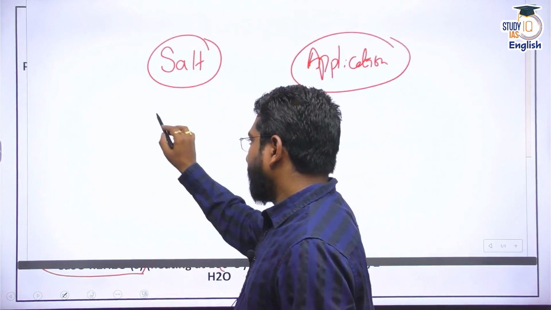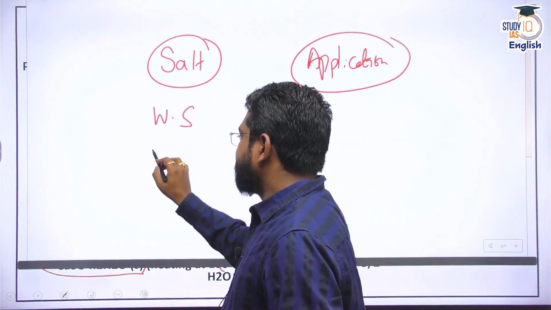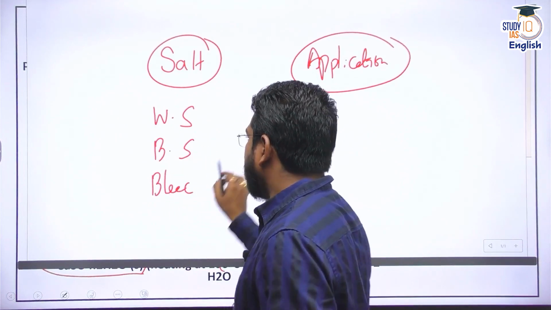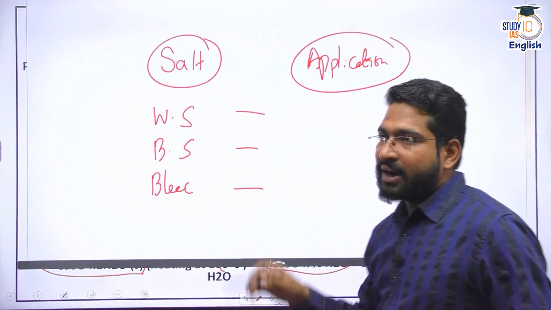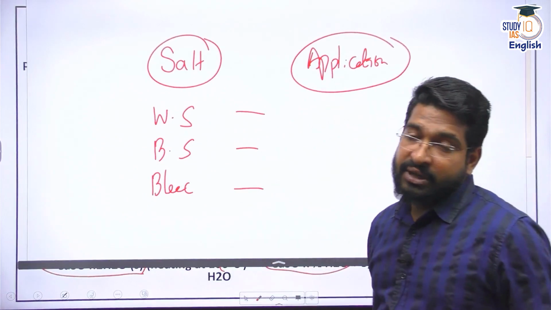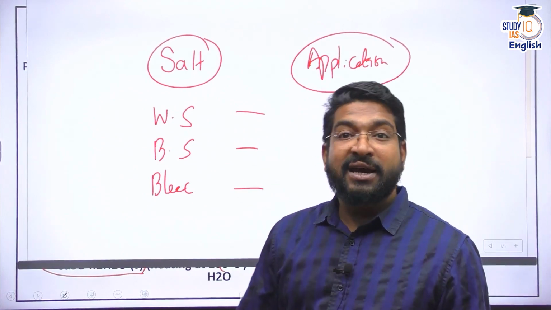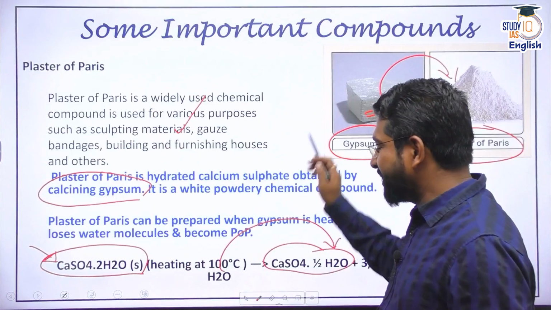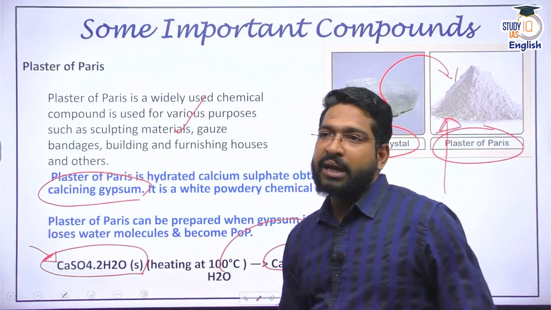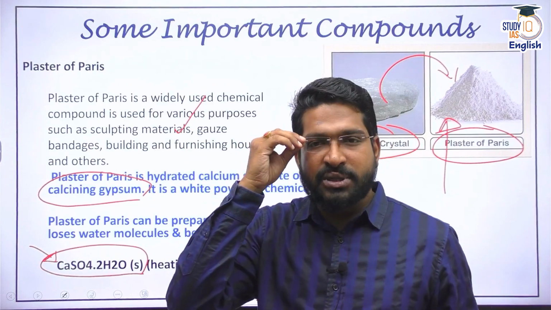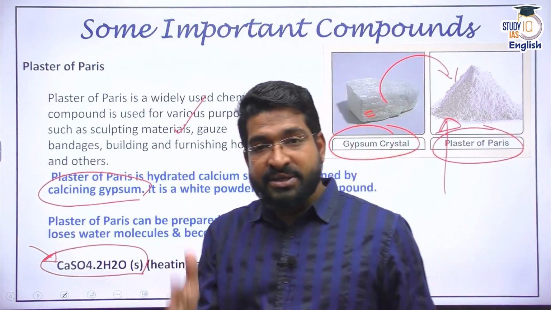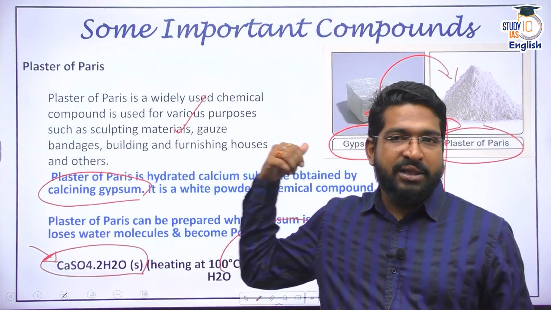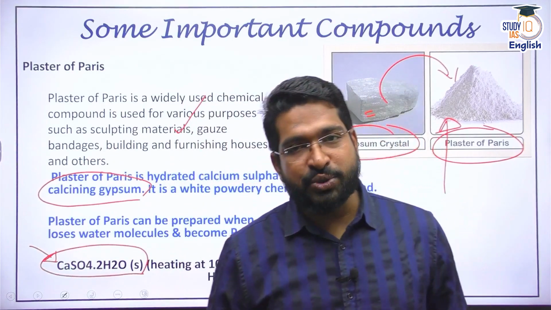For example, I say washing soda, I say baking soda, I say bleaching powder, and I simply give you the application of that, and I interchange them, and I give you a question where how many of these pairs are correctly matched and how many are not. So different kinds of questions can be created from this particular topic. Again, it gives you some basic knowledge about chemistry, basic knowledge about acids, bases, and salts. How do they react? And mostly regarding the salts and their day-to-day usage.